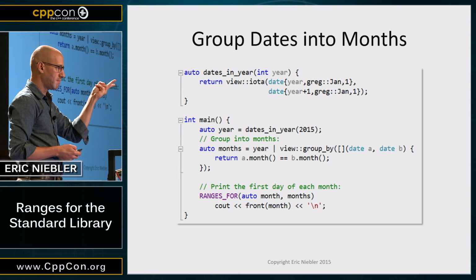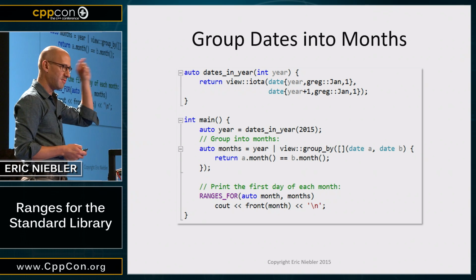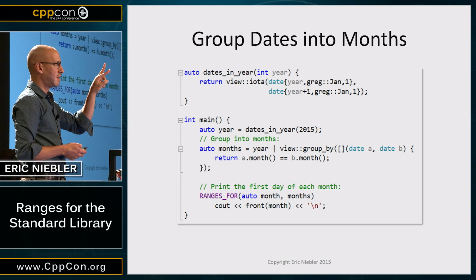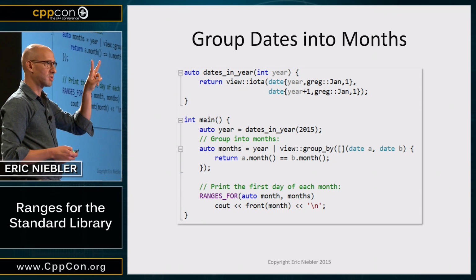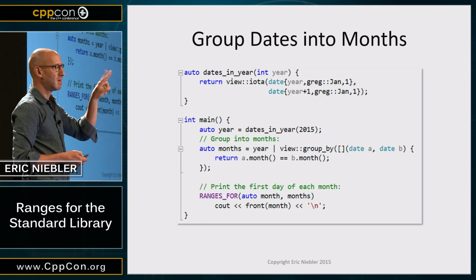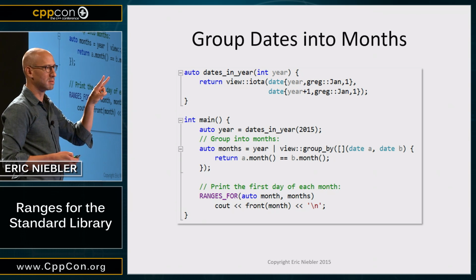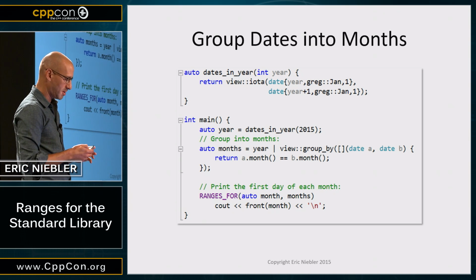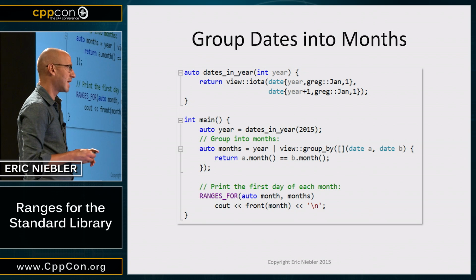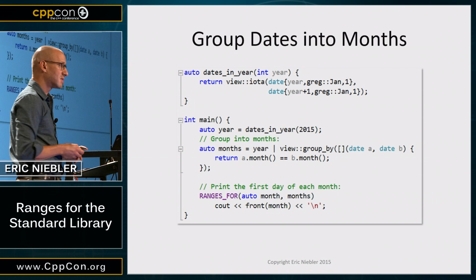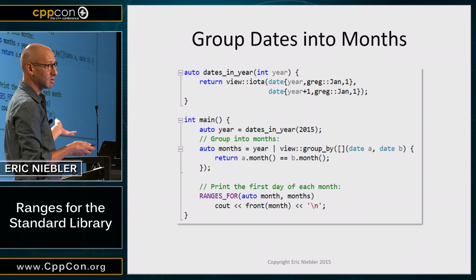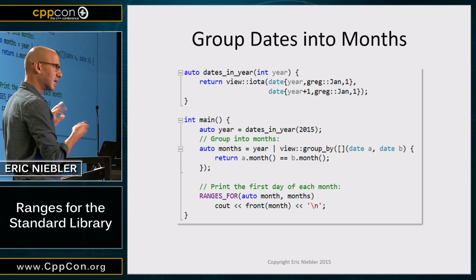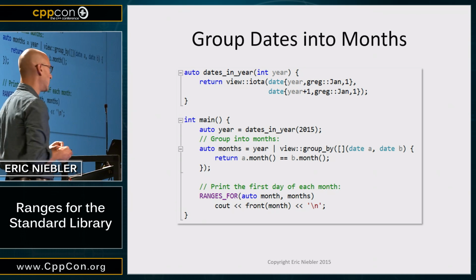So in my vision of the future STL, the begin and end of a range, those types, which currently have to be the same today, I think they should be allowed to differ. So that's a change that I'm proposing and hasn't been accepted yet. But it means that these things can't be used with the built-in range for loop, because that expects begin and end to have the same type. That's the only reason there.